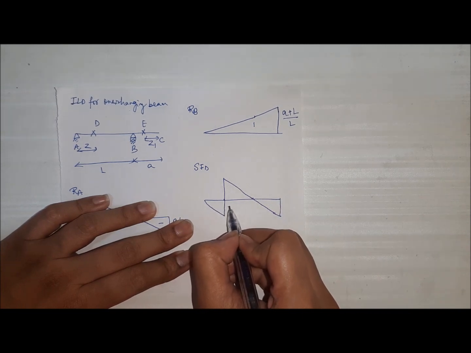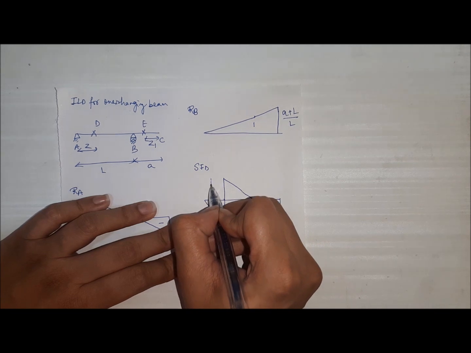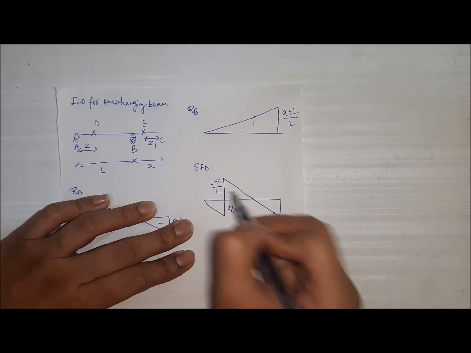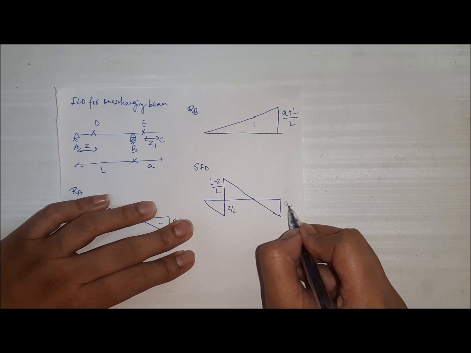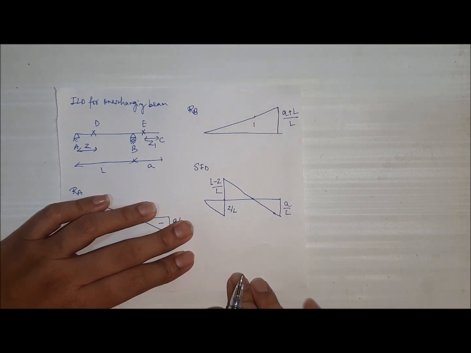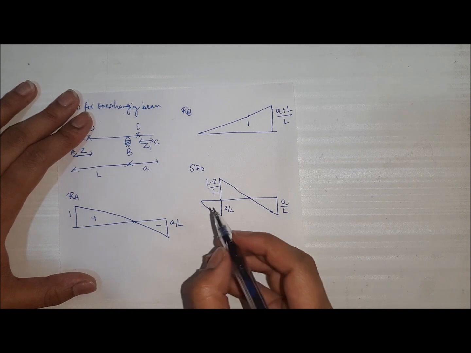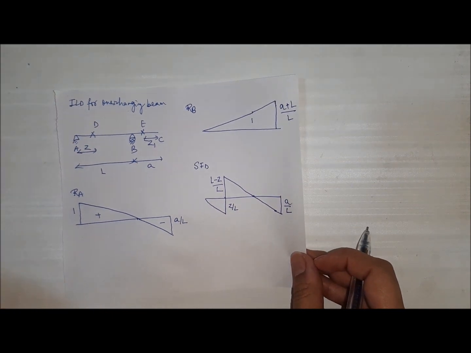The dimensions for this will be Z by L, L minus Z by L, and this will be A by L.